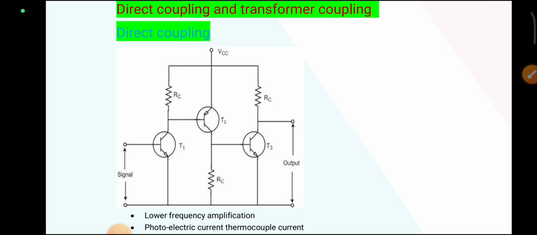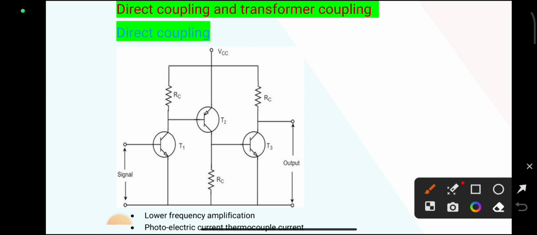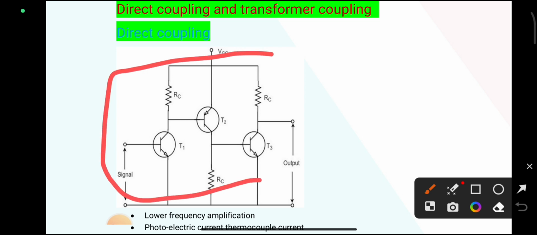So this is the circuit. This circuit is an example of a direct coupling amplifier. This is a direct coupling 3-stage amplifier because it contains 3 transistors or 3 amplifiers.